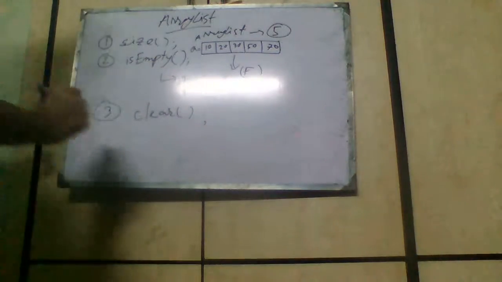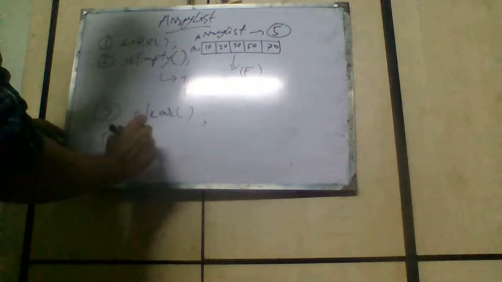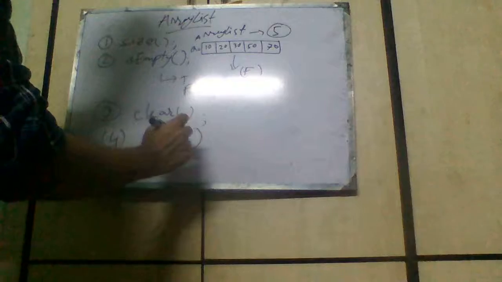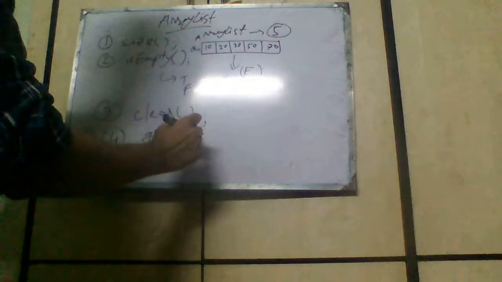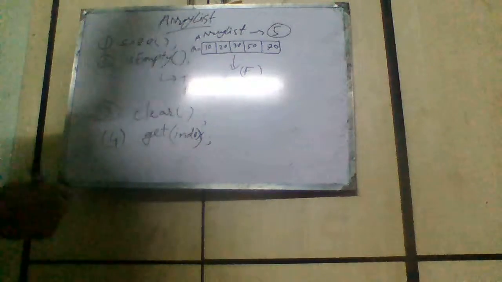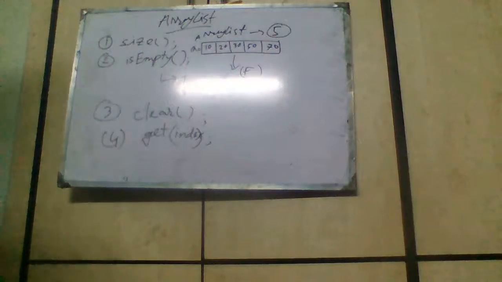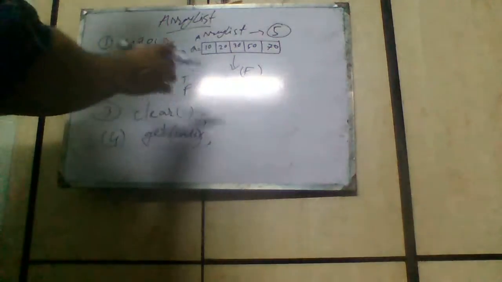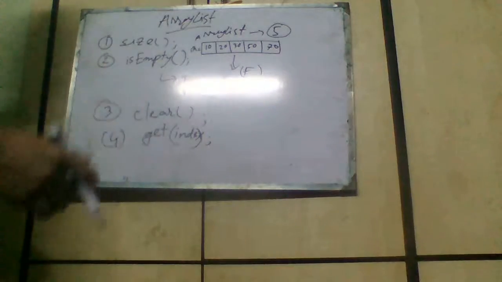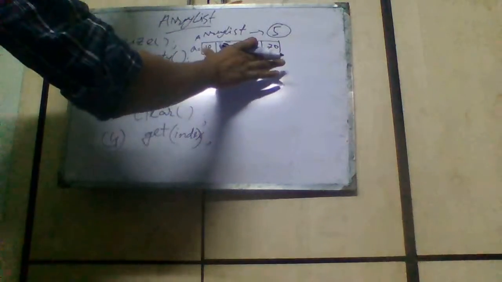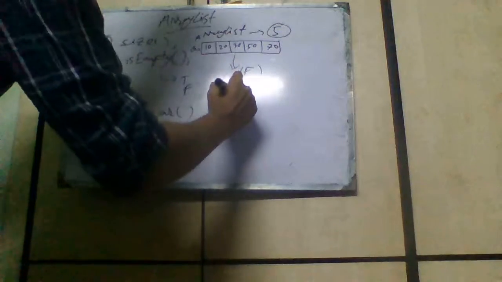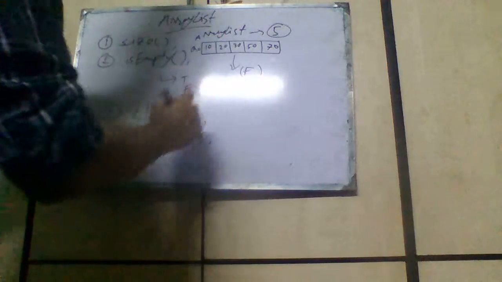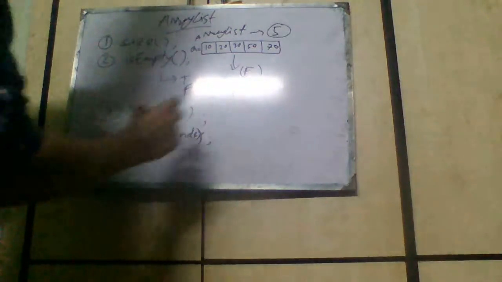Number 4 is the get method, whose parameter is an index. Okay, if we want to access this array, how can we get the elements by using the get method?